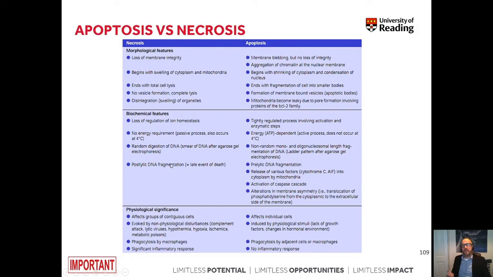In terms of DNA fragmentation, in necrosis, this DNA fragmentation is mainly uncontrolled. In apoptosis, DNA fragmentation is well controlled. And lastly, the DNA fragmentation in necrosis is very random.